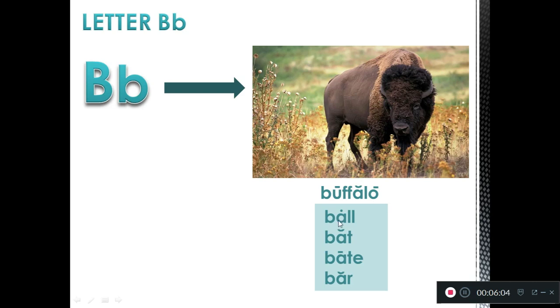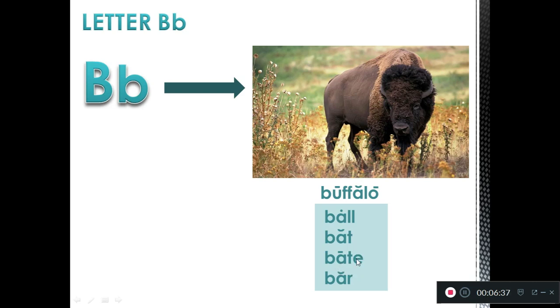And here are the words under buffalo. We have B, A, L, ball. Remember, the A with the ball on top is called A. B, A, T, bat. Of course, remember the second sound in letter A, with the curve on top. B, A, T, bait. Of course, remember the first sound, letter A, is A with the dash on top. Bait.